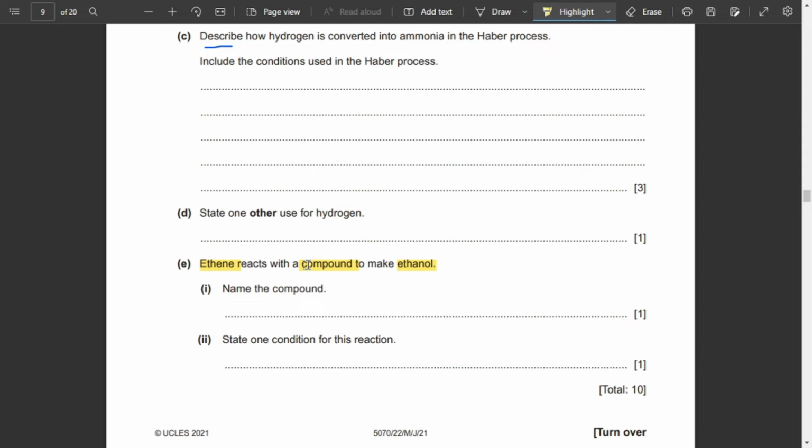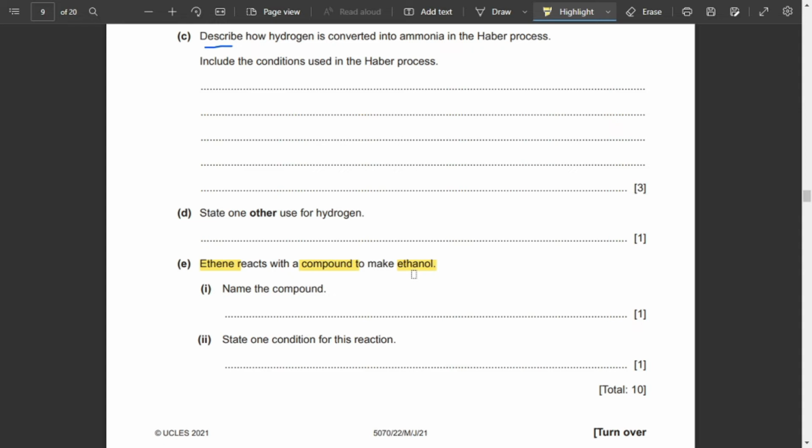Whenever we react alkene plus water, it's going to give us an alcohol. Likewise, over here, ethene will be reacting with a compound, and that compound is going to be water, of course, because we're getting ethanol as a product. Moving on to part two, name one condition for this reaction. Of course, for every reaction we have a condition. So for this, we can say that catalyst is a condition.